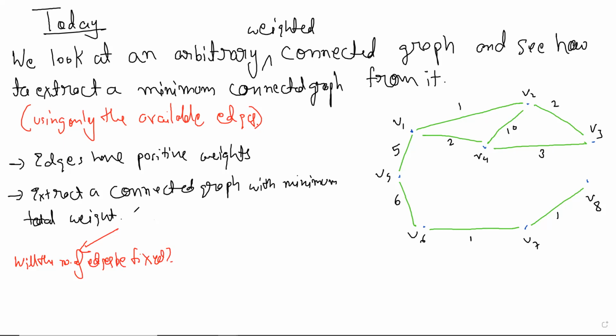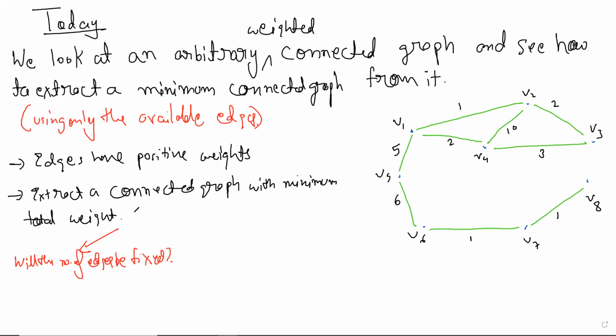Fixed in the sense that if you are extracting a minimum connected graph from here, will it have n minus 1 edges? Or should it have n minus 1 edges, or can it have more than n minus 1 edges, if it has to be the minimum, because now there are weights?